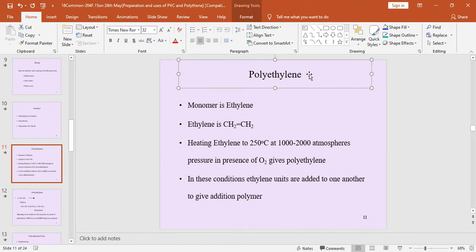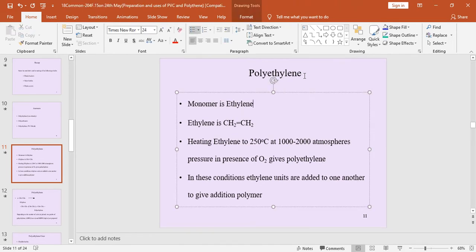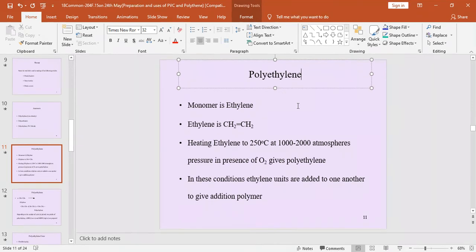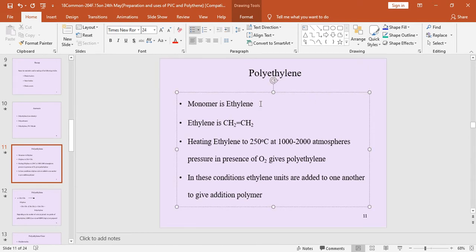It is a polymer, a thermoplastic, not thermosetting. It is a polymer that becomes soft on heating and hard on cooling. This is polythene, called a thermoplastic, right? In polythene, the monomer is ethylene.